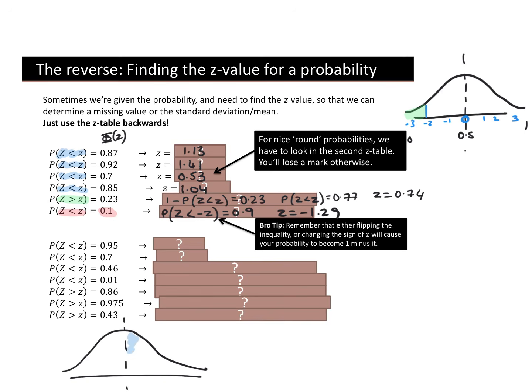Well, I know that this is 0.5 already, isn't it? And something greater than a number is 0.86, so I want the chunk on this side. So it's going to be about here. Yeah? So the probability of something being greater than this number, z, is 0.86.